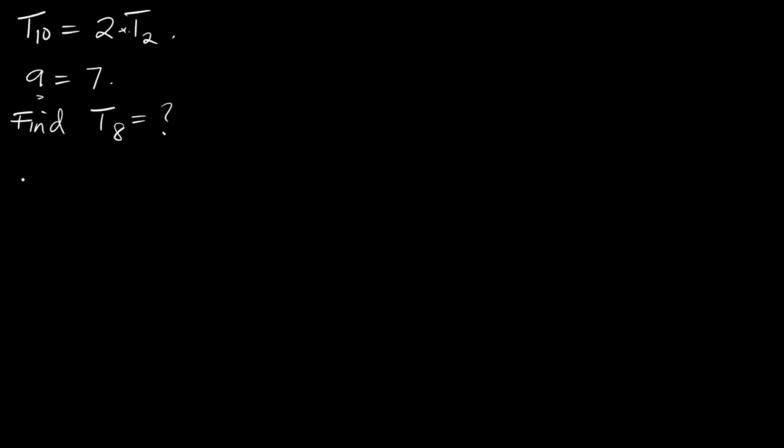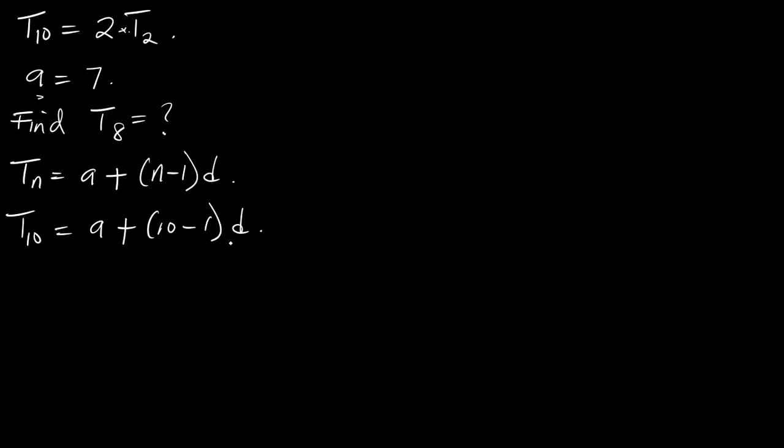So for us to do that, we're going to make use of the general arithmetic progression formula, which is the nth term is equal to a plus bracket open n minus 1 times d. So the 10th term will be a plus bracket open 10 minus 1 times d.